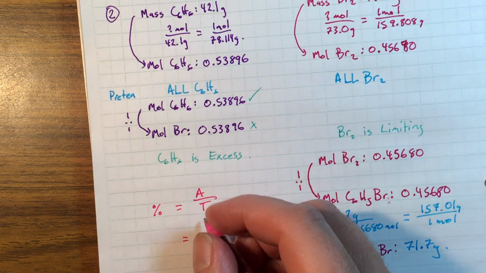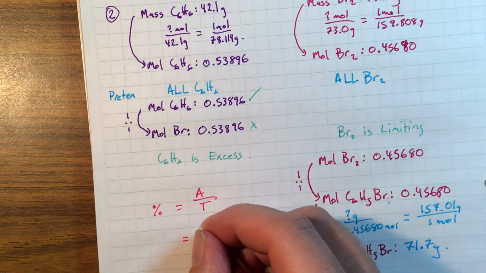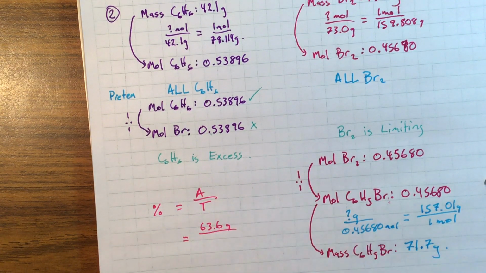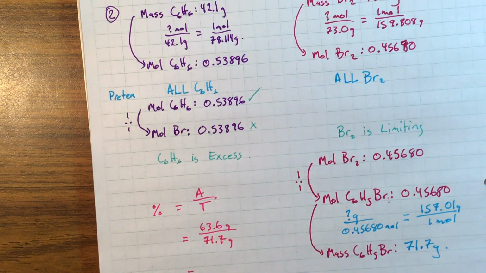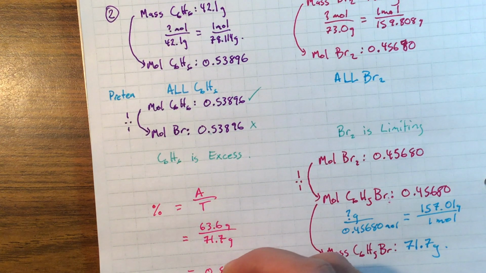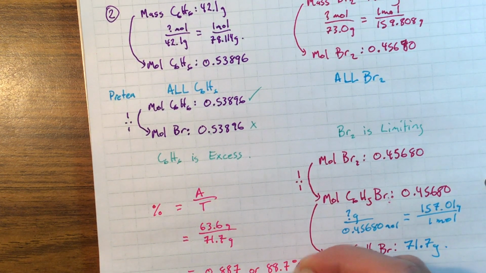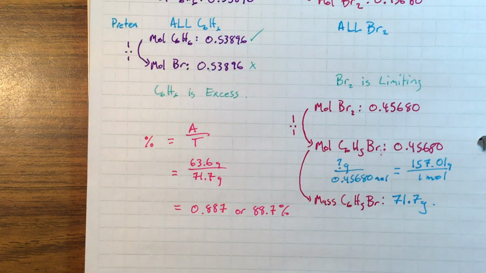Our actual was 63.6, and our theoretical was 71.7 grams, both 3 significant figures, so our final answer should have 3 significant figures, though I'm using the whole number in my calculator. 63.6 divided by 71.7, 88.7, so 0.887, or 88.7%. There you go. That's question number 2 done.